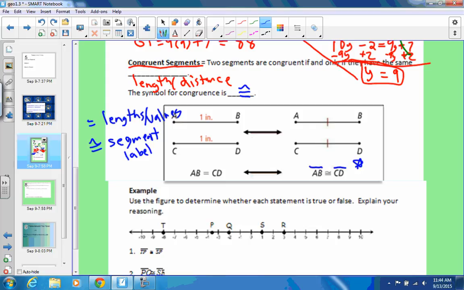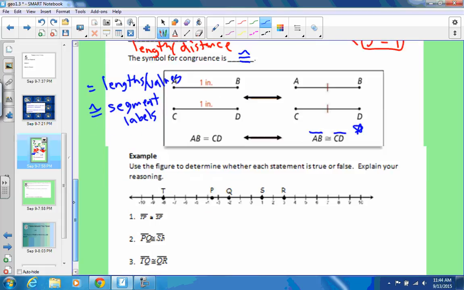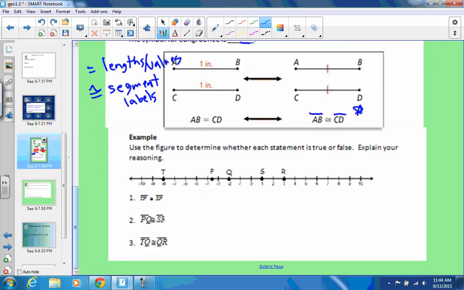Labels. The more we do, the more you'll get that. It's hard to explain, but if they're actually just talking about the segment, they can be congruent. If you're just talking about the segment length, so this is AB without anything on top of it, would be the length. Then you can say they're equal.